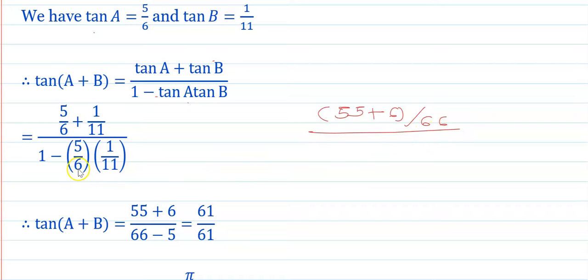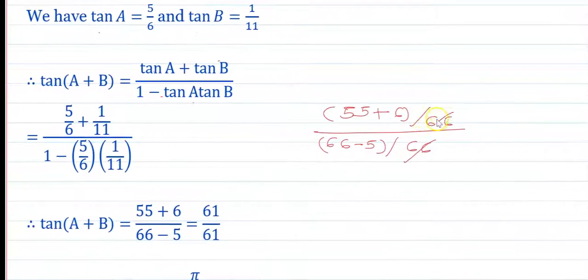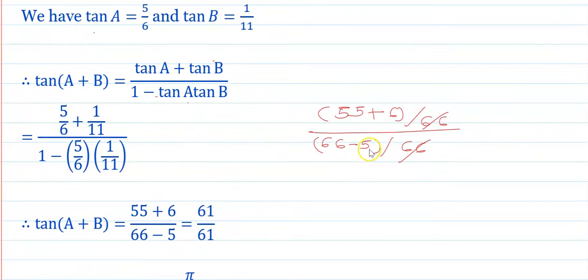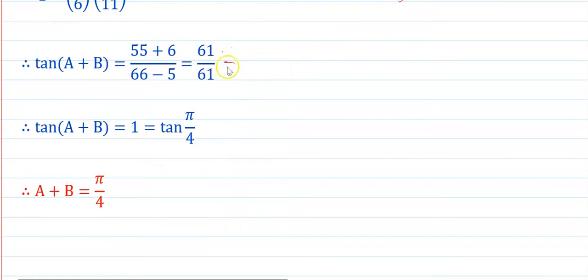Next, 6 into 11, 66, minus 5, and this divided by 66. Okay, the denominator 66 of both gets cancelled. 55 plus 6 you will get 61. 66 minus 5 you will get 61. Numerator 61, denominator 61. Overall you are getting 1.